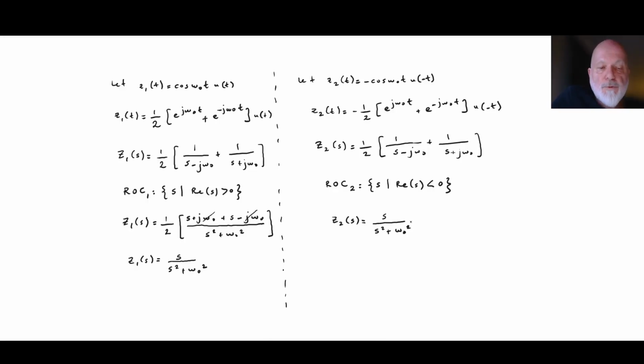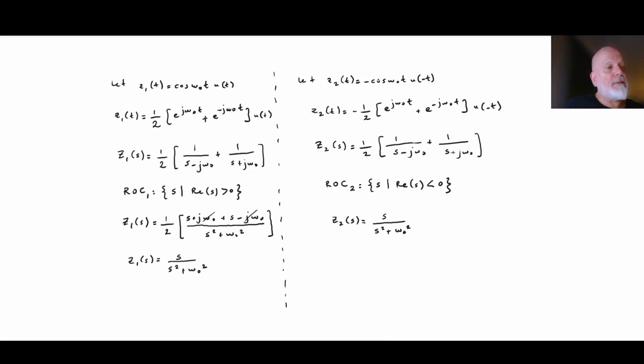Now, of course, when we combine z1 and z2, the operation z1 of t minus z2 of t will give us cosine omega 0 t. However, cosine omega 0 t does not have a Laplace transform because the convergence regions ROC1 and ROC2 have empty intersection.